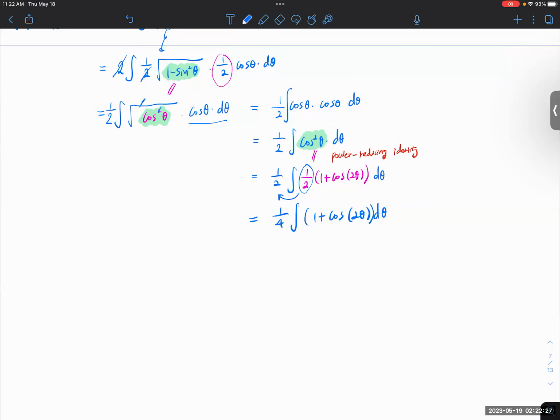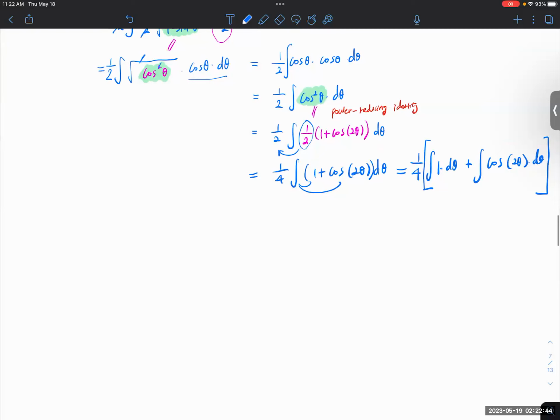And then you can expand it: 1/4 integral 1 d theta, correct? I'm going to make a big bracket and plus integral cosine 2 theta d theta. We can separate it, right? Separate them. So what happened? 1/4, this is going to be theta, correct?